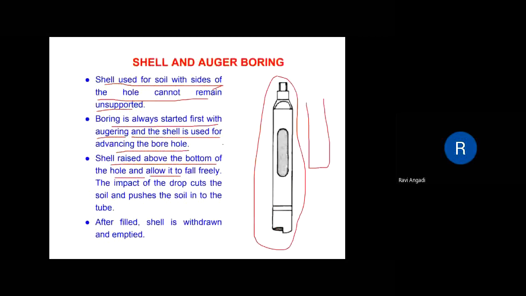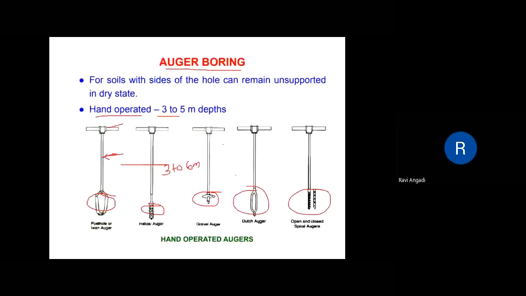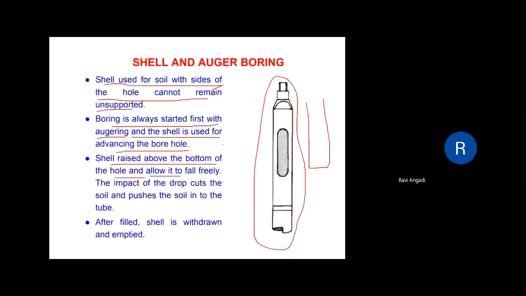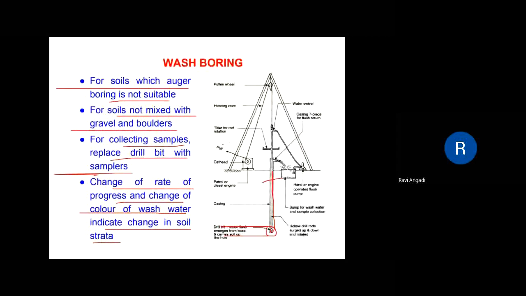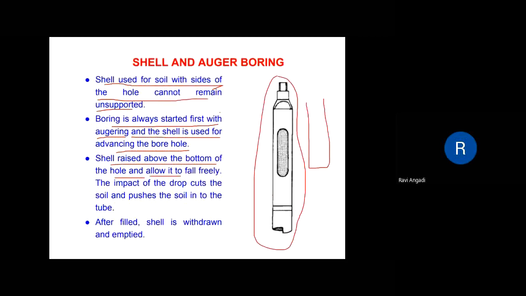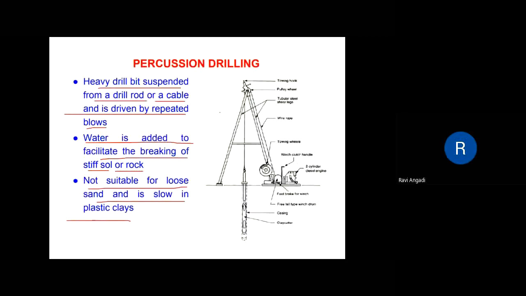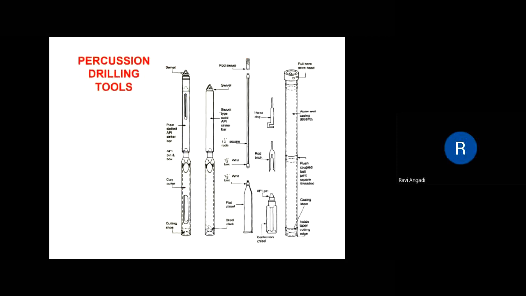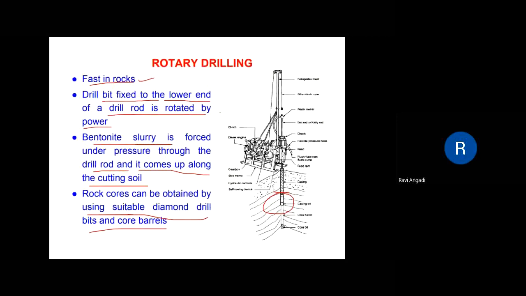They are the auger methods, hand augering or mechanical augering, or the wash borings, where the augering method fails to give the information about the subsoil strata. Then wash borings will be used. Then percussion drilling methods and rotary drilling methods will be used to get the information about the subsoil strata.